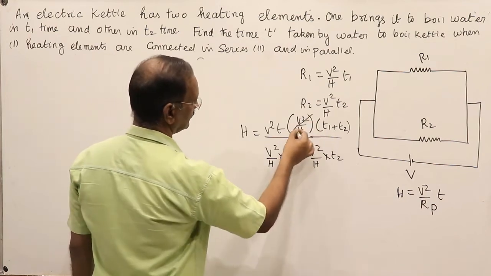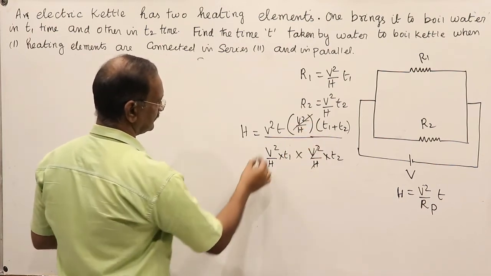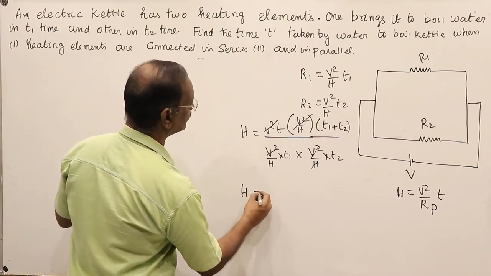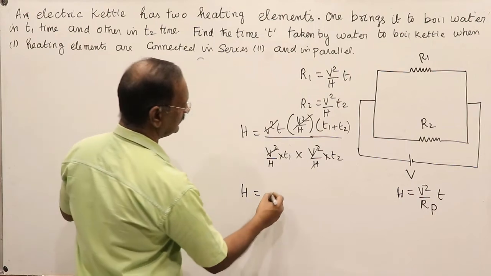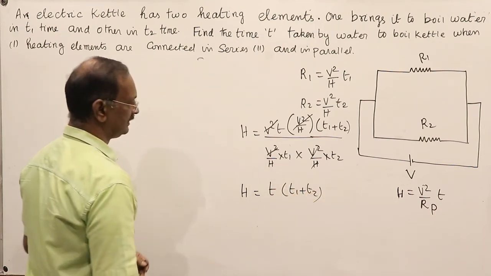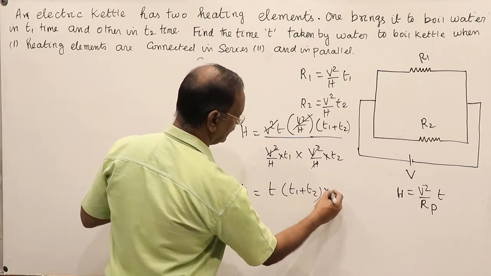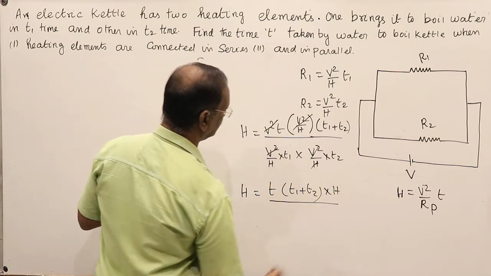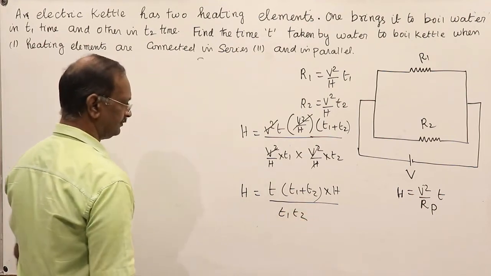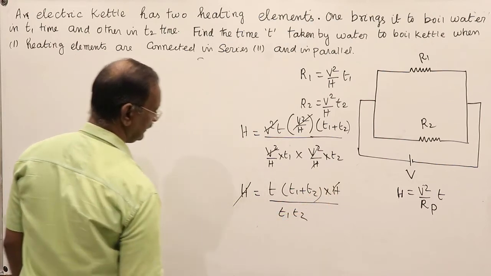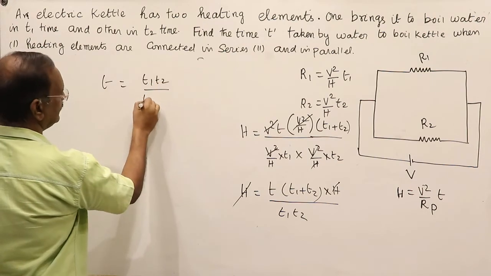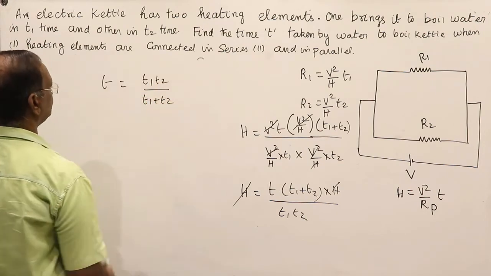This V square by H we can cancel. Therefore, H is equal to T into T1 plus T2, with H going on top, divided by T1 into T2. So we cancel, and T is equal to T1 T2 by T1 plus T2.